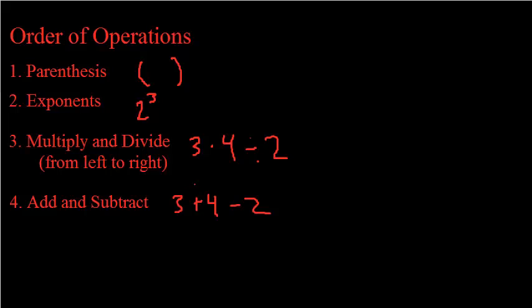Adding and subtracting doesn't really matter which order you add these numbers in. Multiplying and dividing, it does matter. Always go from left to right. So parentheses first, then exponents, then multiply and divide in the same step, and then add and subtract in the same step. These are our order of operations.